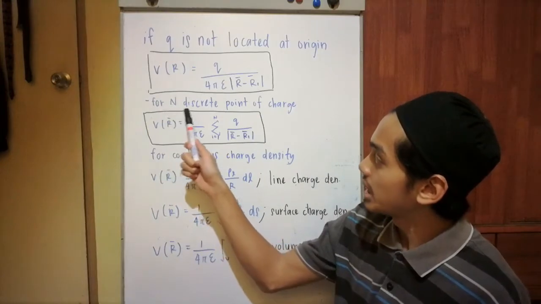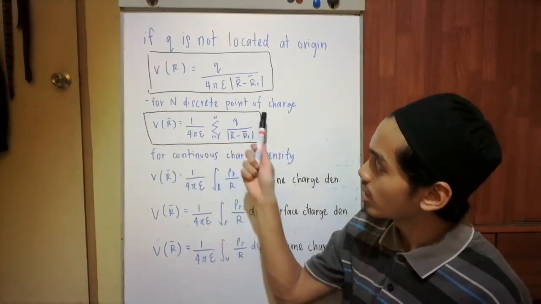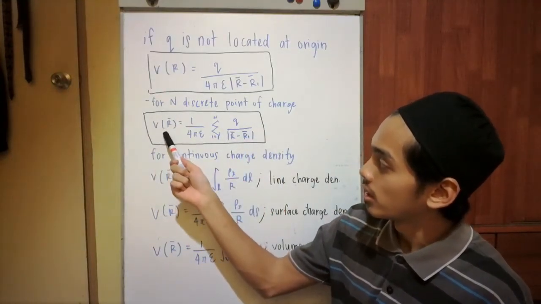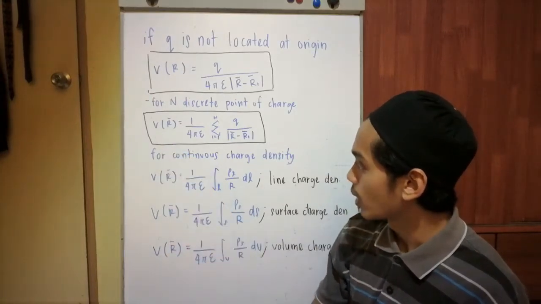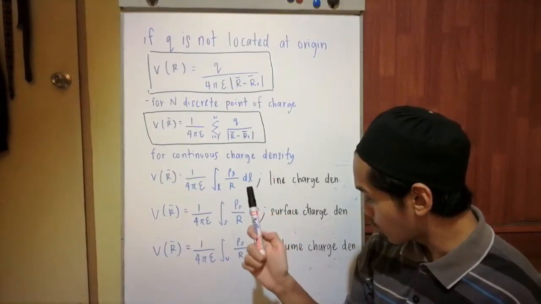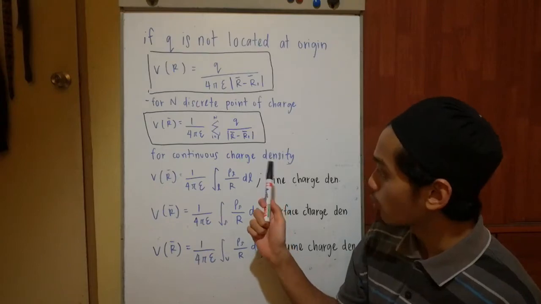For n discrete point charges, we can use this formula to find the voltage, the potential difference.